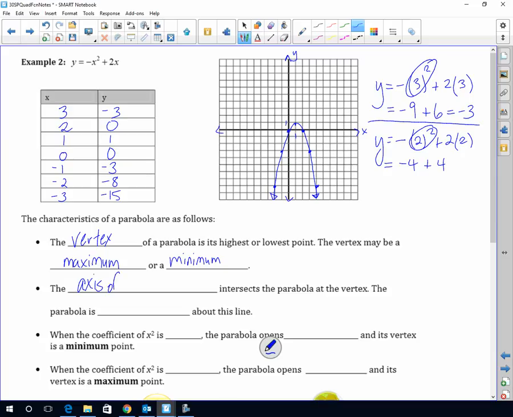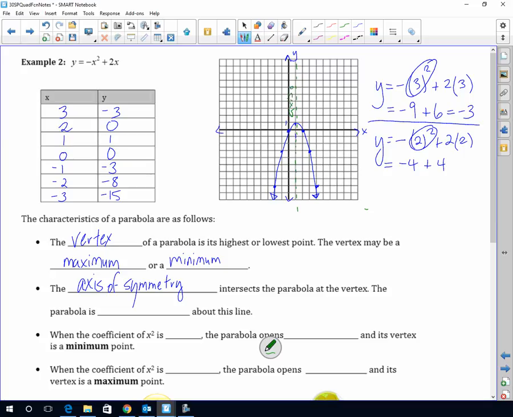Basically, if you remember back in grade 9, and I don't know if you used a mirror or whatever, but you can put a line. Essentially, I'm going to use a different color. I'm going to use a dashed line just to show this is my axis of symmetry. Meaning on the right of this green line is the same as going on the left of the green line. Okay?